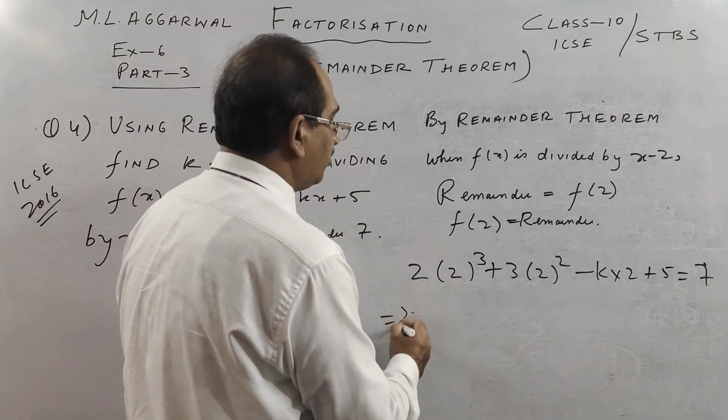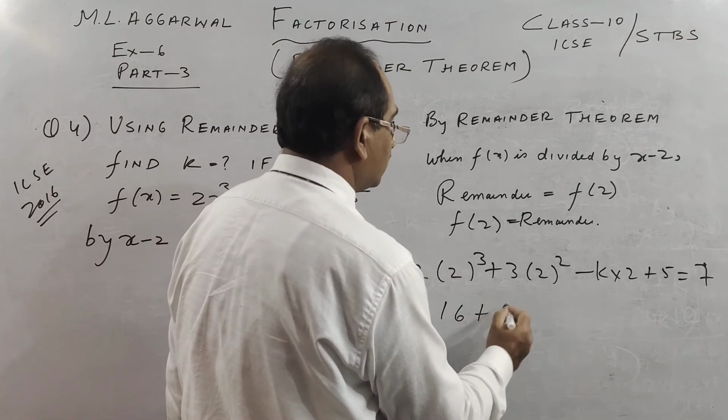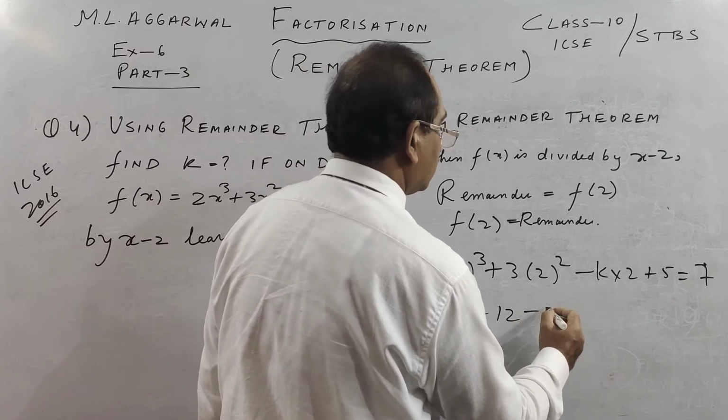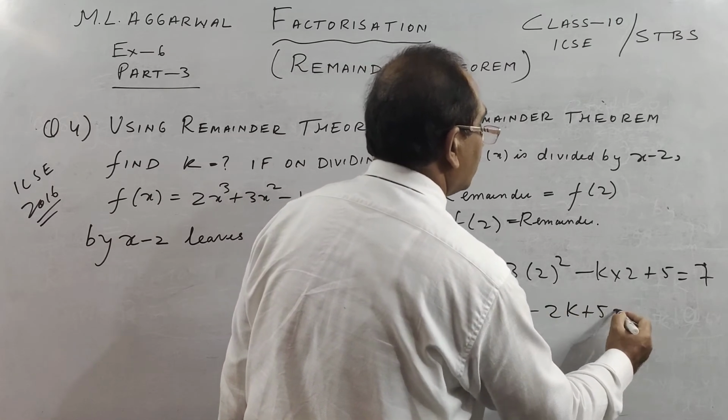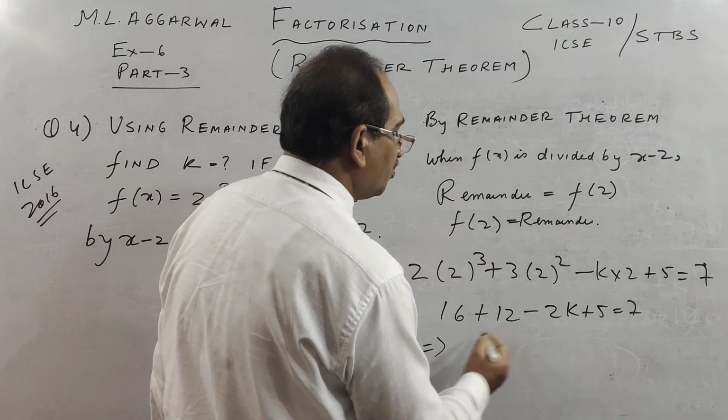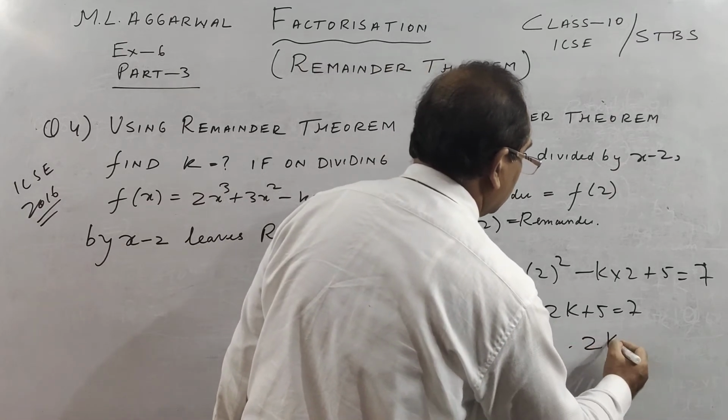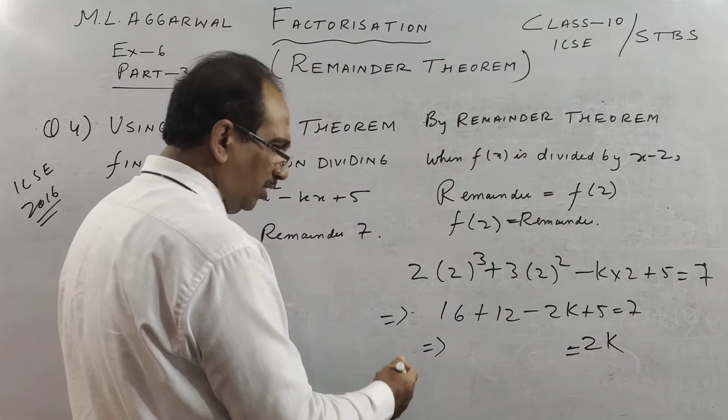So see here, simply we solve. 8 2s are 16 plus 4 3s are 12 minus 2k plus 5 is equal to 7. Very easy, simple equation. If it is negative, you take it to the other side and it becomes positive.